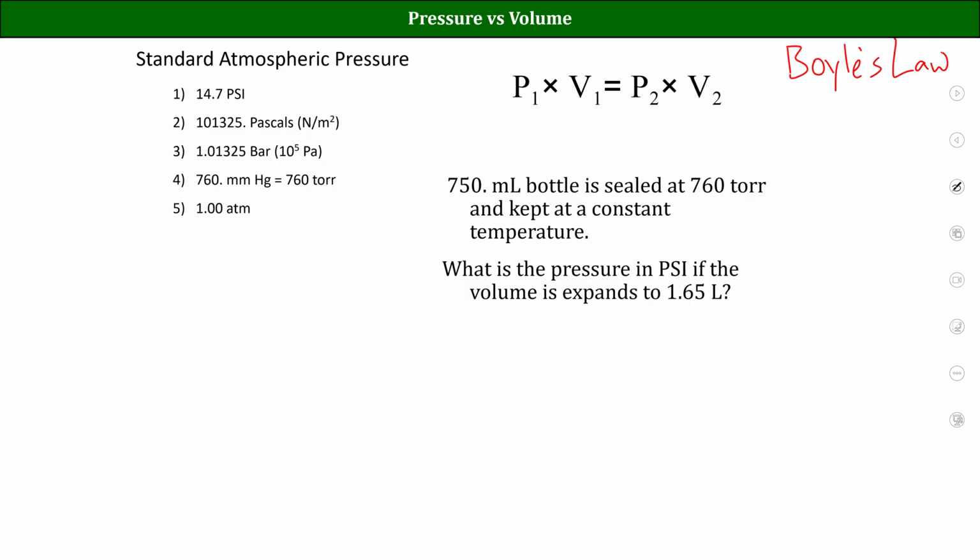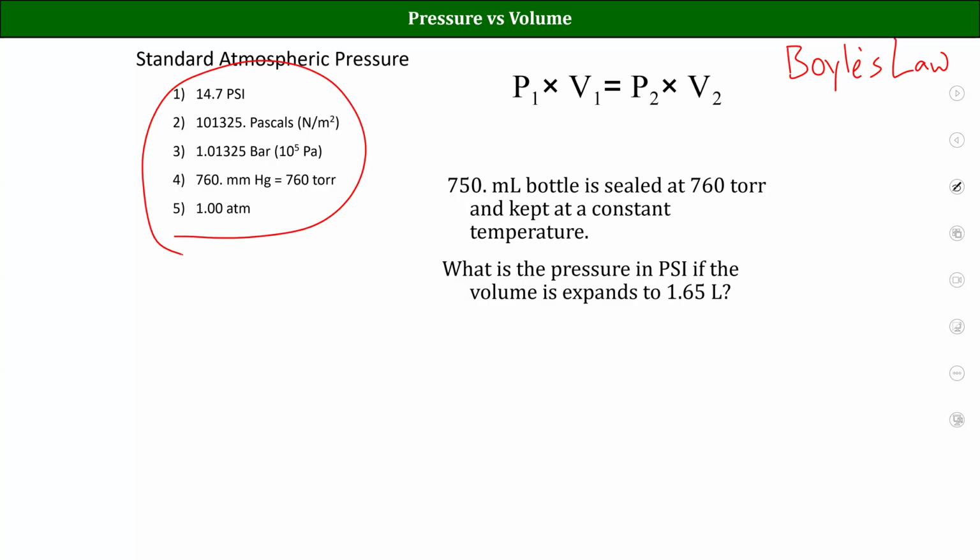Any combination of pressure times volume is equal to every other possible combination of pressure times volume if it's a closed system of gas. And so here are our atmospheric pressure conversions for the sake of doing this problem. Let's say we have a 750 ml bottle, sealed at 760 torr and kept at a constant temperature.